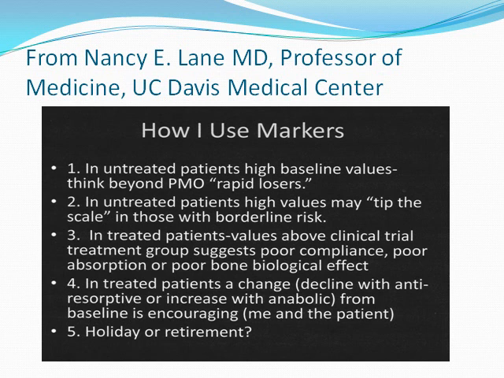patient. In treated patients, the values above the clinical trial treatment group suggests poor compliance, poor absorption, or poor bone biological effects. So if you see elevated bone marker levels in people who are being treated with bisphosphonates, something's wrong.